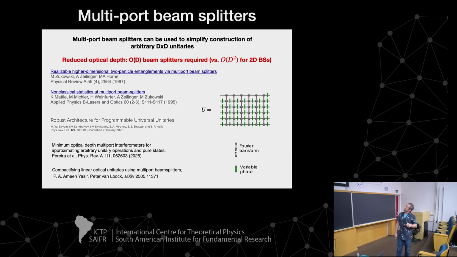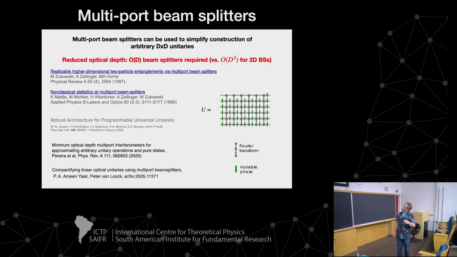Basically, from a computational complexity point of view, if you have d-dimensional multi-port beam splitters, you need fewer of them to construct your arbitrary unitary than if you have 2-dimensional beam splitters. The scaling goes as d squared when you have 2x2 beam splitters. If you have d-dimensional beam splitters, you have a linear scaling. So that might be interesting. It might not. I don't know.